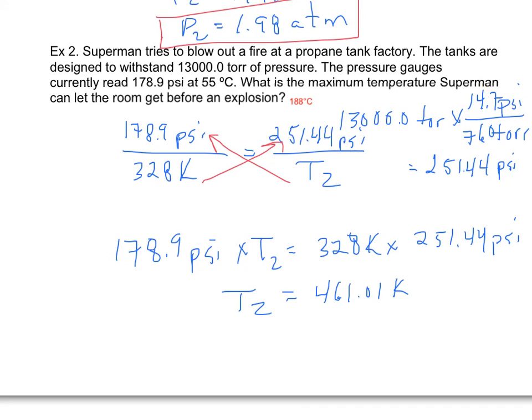I want to convert this into Celsius, so I'm going to subtract 273. And then looking at my numbers, I have 3 sig digs here, so I can only have 3 sig digs in my final answer. So I round down to 188 degrees Celsius.